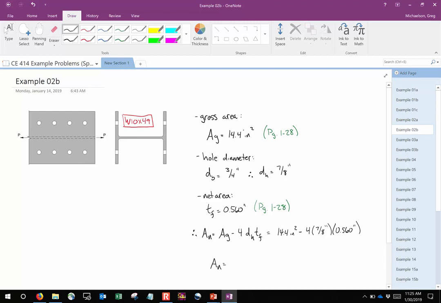And so what does that come out to be? We'll say it at 2 decimal places just to keep it simple. 12.44. Do I have a second on that?